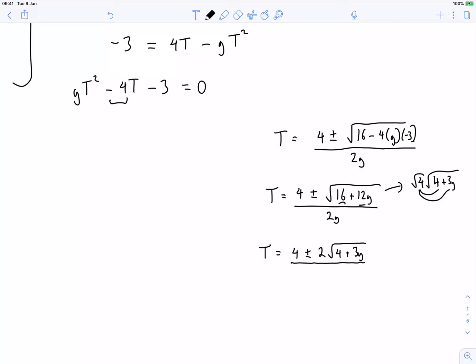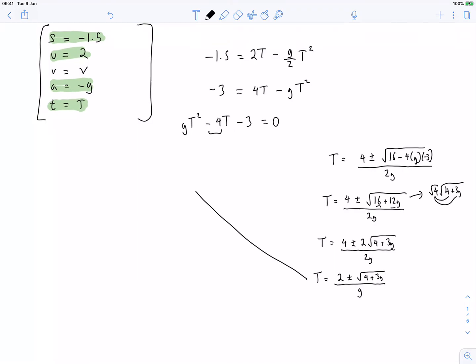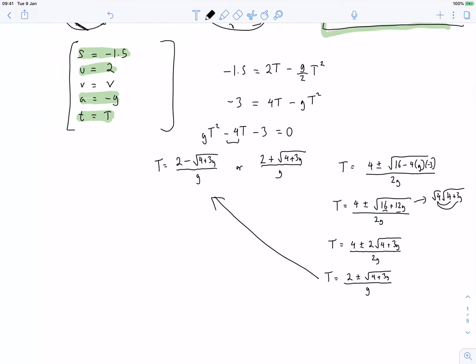This is all going to be over 2g, so t is going to equal, divide everything by 2, 2 plus or minus the square root of 4 plus 3g over g. So now we've actually got two solutions. We've got t can equal 2 minus the square root of 4 plus 3g all over g, or it can equal 2 plus root 4 plus 3g over g.